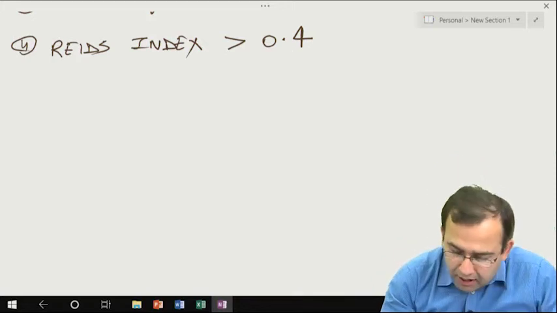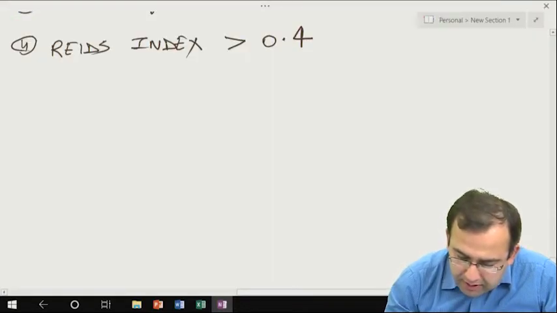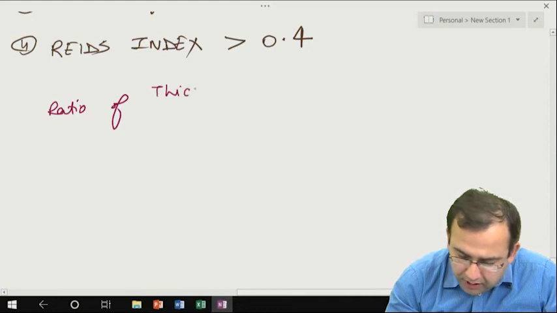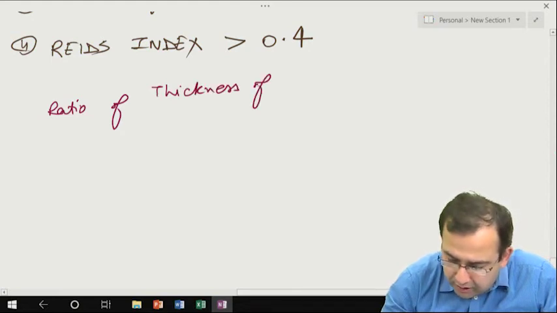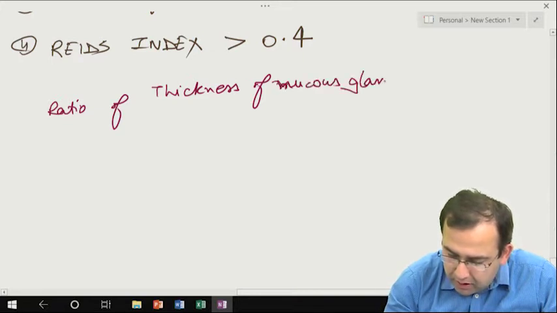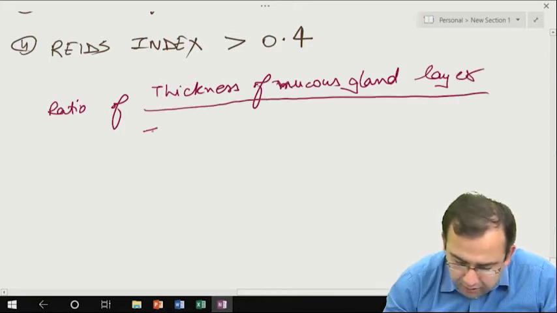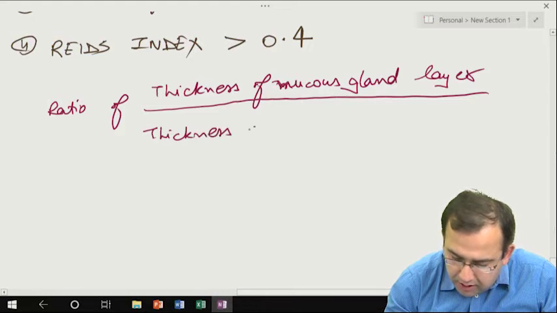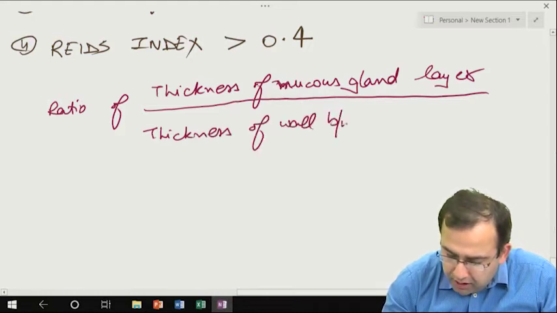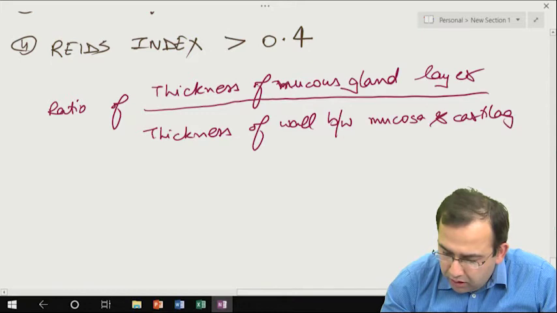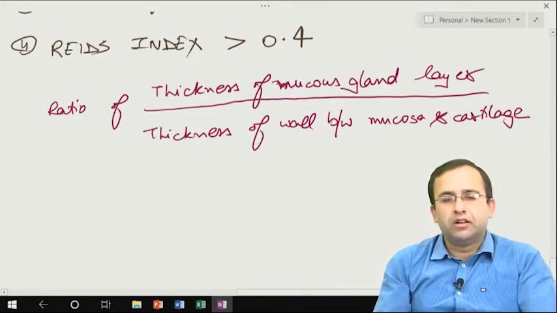What do we mean by Reed's index? Reed's index is the ratio of the thickness of mucus gland layer to the thickness of wall between mucosa and cartilage.